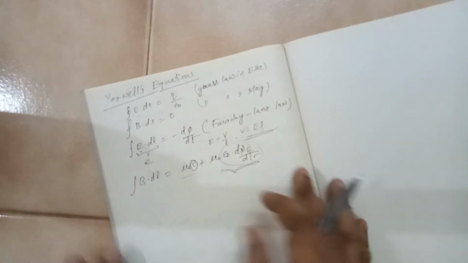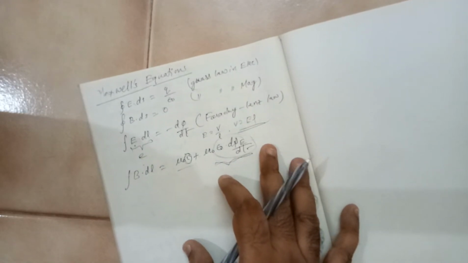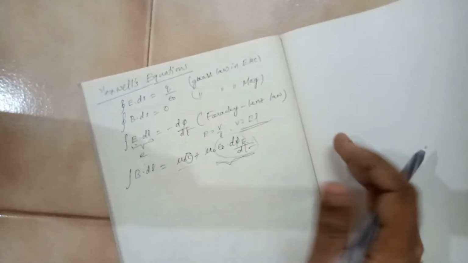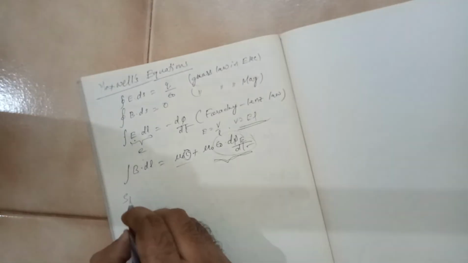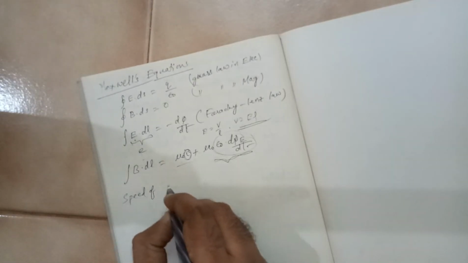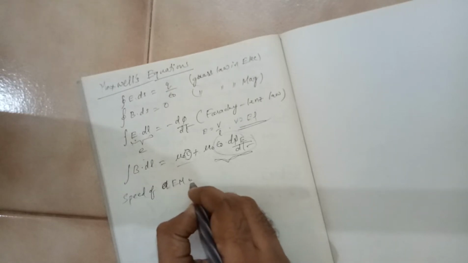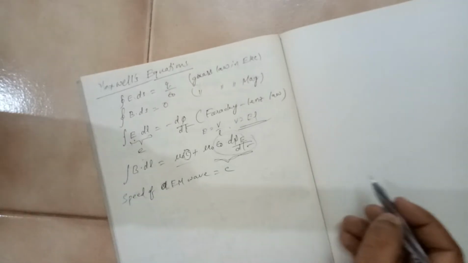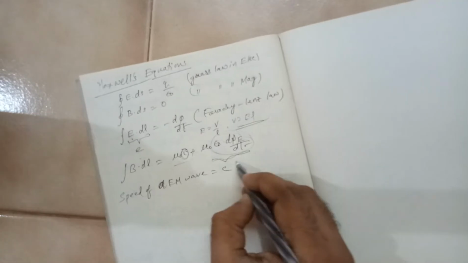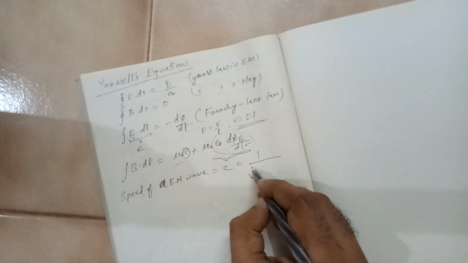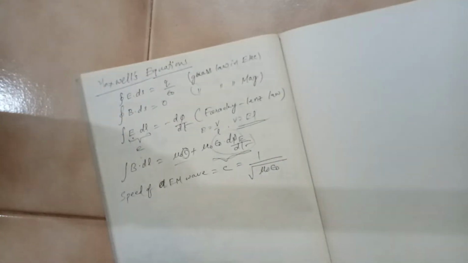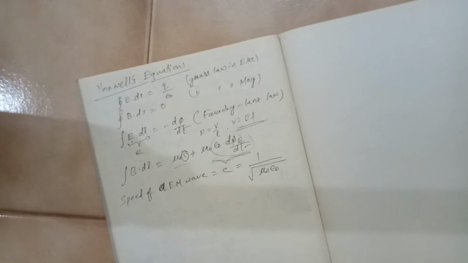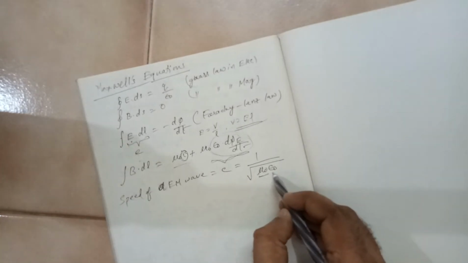Now the speed of the electromagnetic wave is equal to the speed of light. The speed of electromagnetic wave is equal to c, and experimentally it is seen that it is equal to 1 by square root of mu naught epsilon naught.